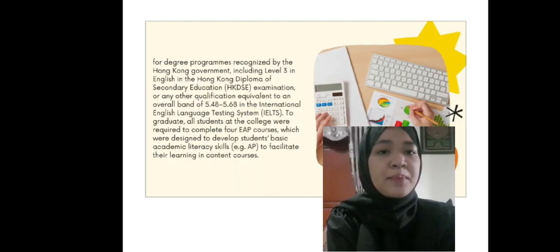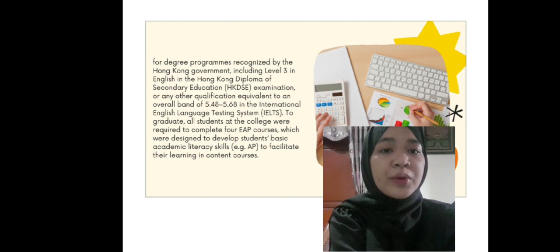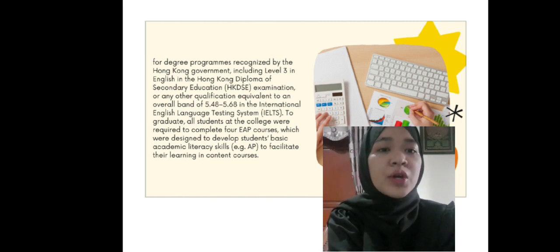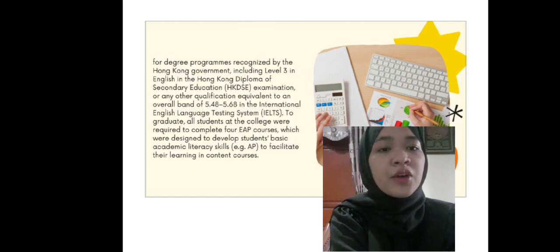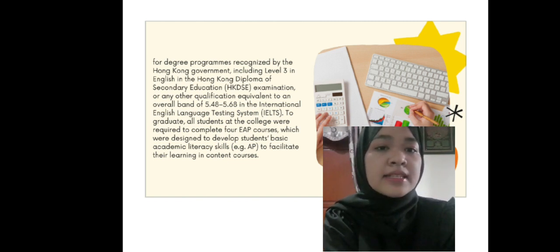The study participants were mostly senior undergraduate Chinese ESL students enrolled in an advanced EAP course on academic speaking at a Hong Kong college. They had all met the minimum admission requirements for degree programs recognized by the Hong Kong government. To graduate, all students at the college were required to complete four EAP courses, which were designed to develop students' basic academic literacy skills to facilitate their learning in content courses.